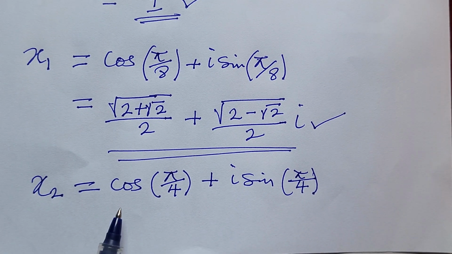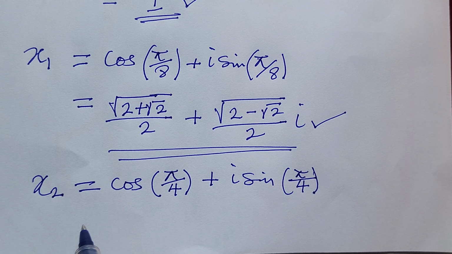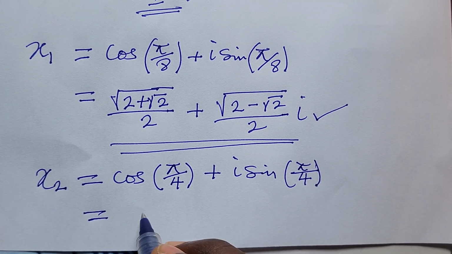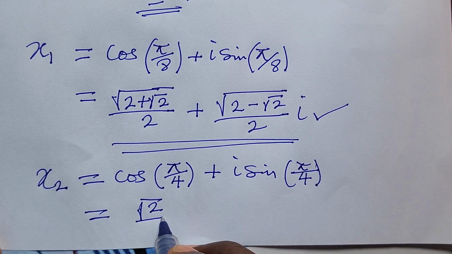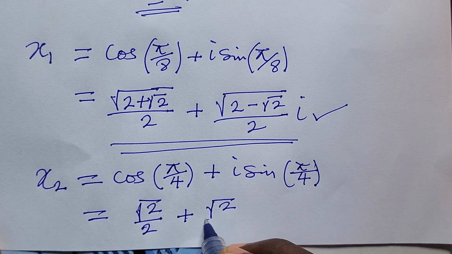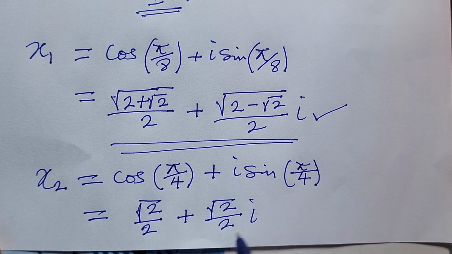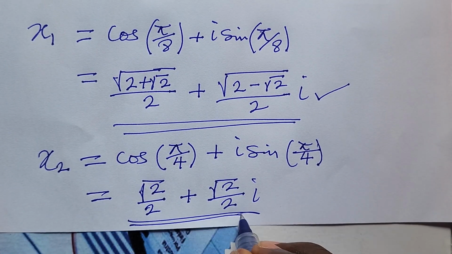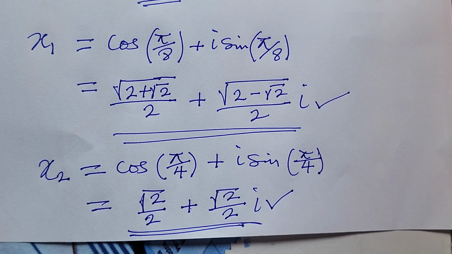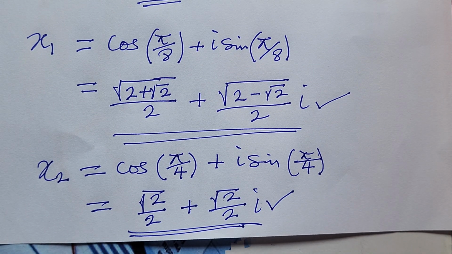So again, if we plug this into our system numerically, we're going to have our x2 to be the square root of 2 all over 2 plus the square root of 2 all over 2 iota. This is our x2, in other words, we're having our n2 here now.